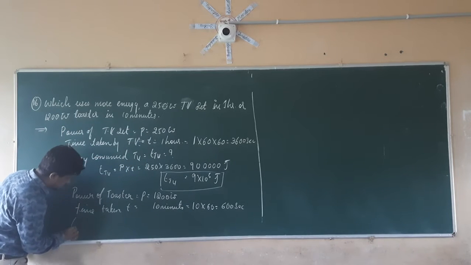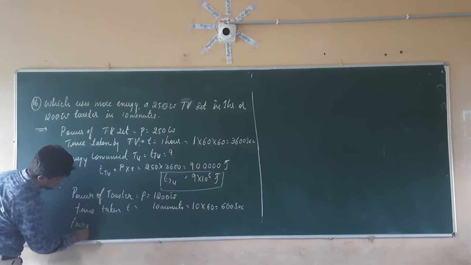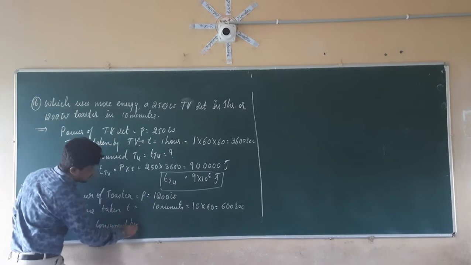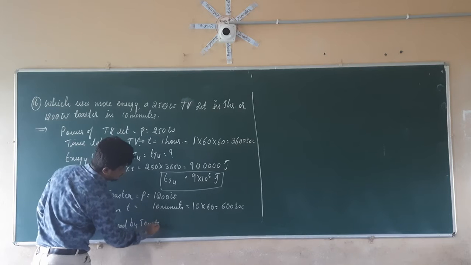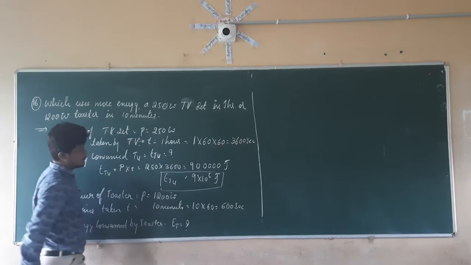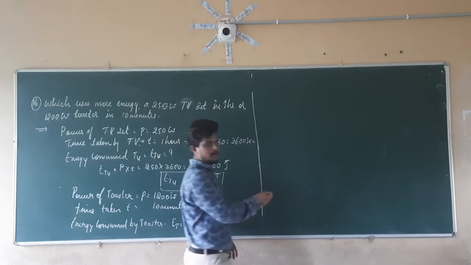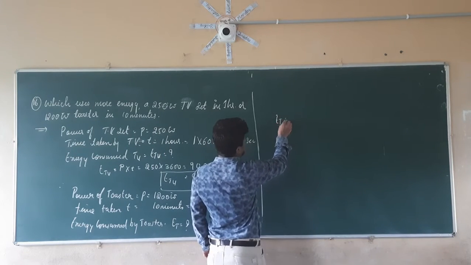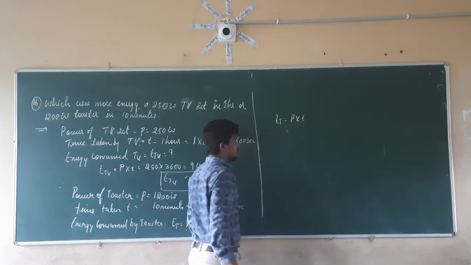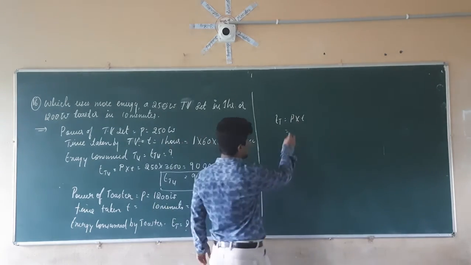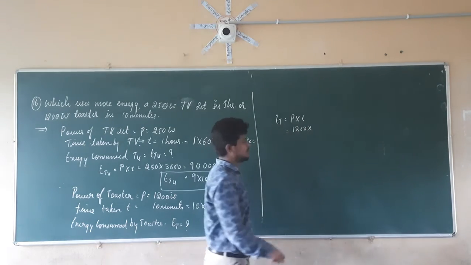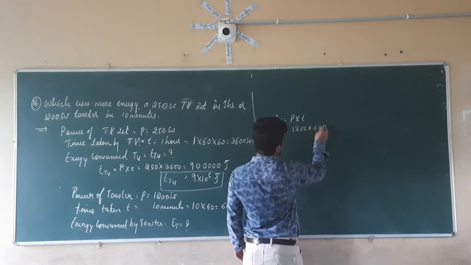Therefore, energy consumed by the toaster, E_T, is equal to question mark. Again by this formula, E_T is equal to power into the time taken, P into T, which is equal to 1200 into 600 seconds.